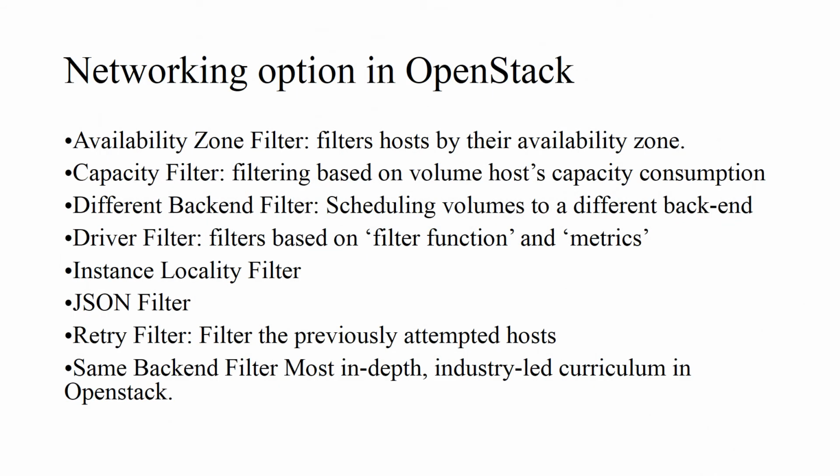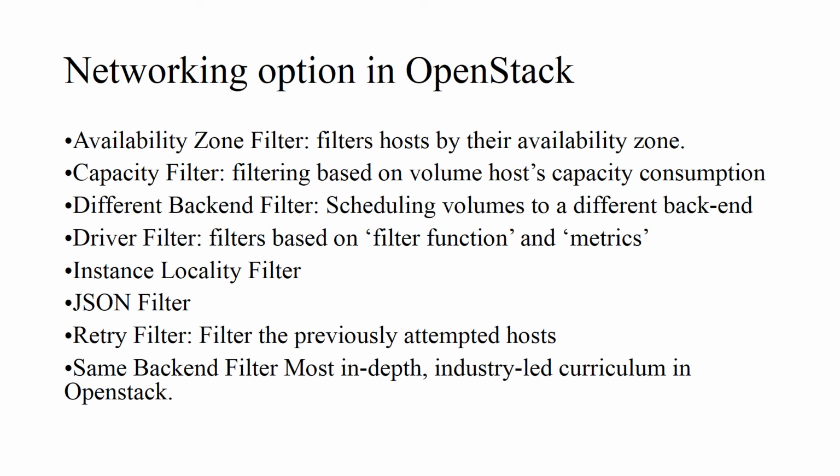What are the networking options in OpenStack? Availability zone filter. It filters hosts by their availability zone. Capacity filter. It filters based on volume host capacity consumption. Different backend filter. It schedules volumes to a different backend. Driver filter.